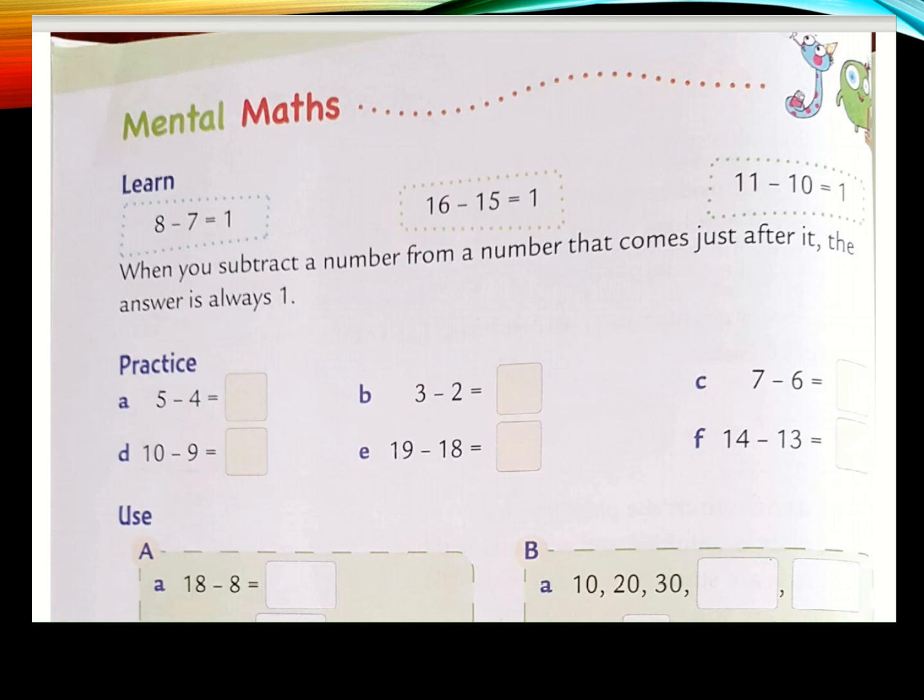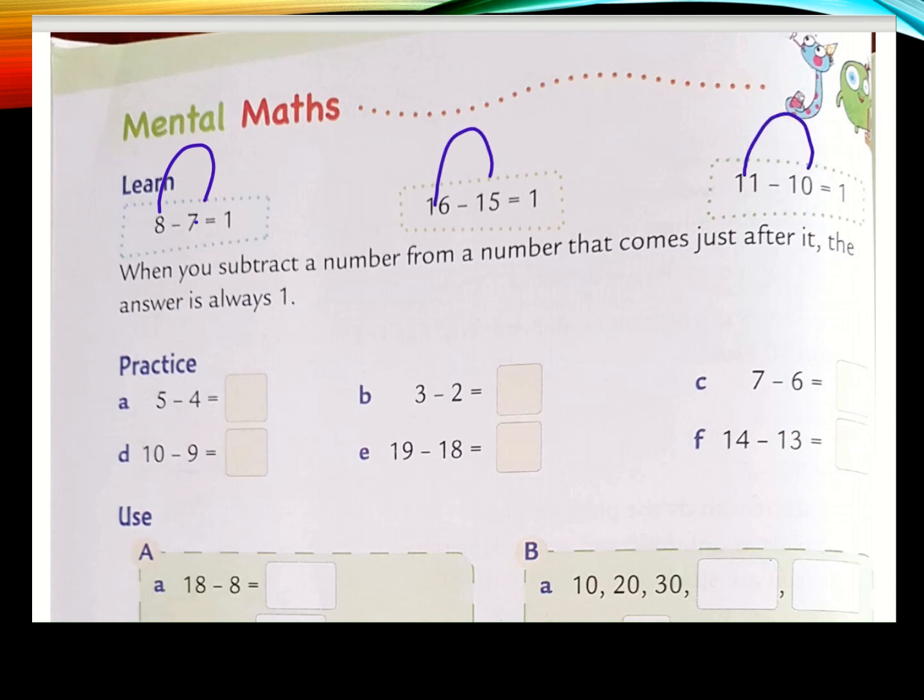Like here, 8 and 7, 15, 16, 10, 11. So it's just the next number. After 7 you have 8. After 15 you have 16. After 10 you have 11. So if you subtract two numbers that are next to each other, the answer is always 1.